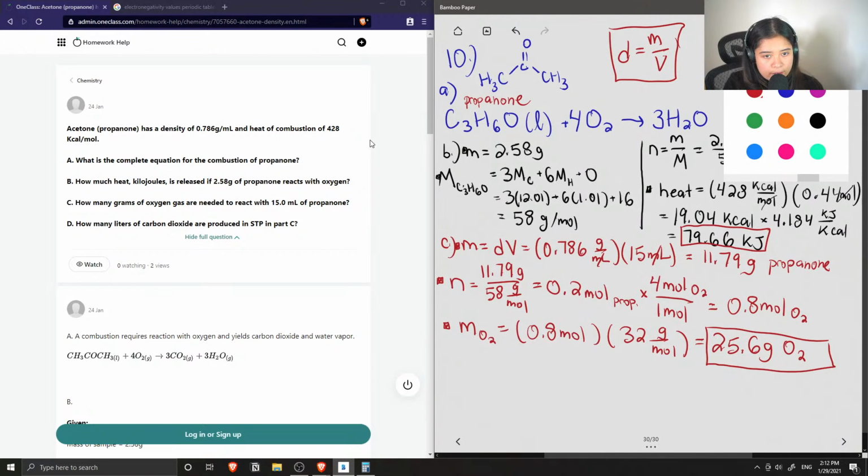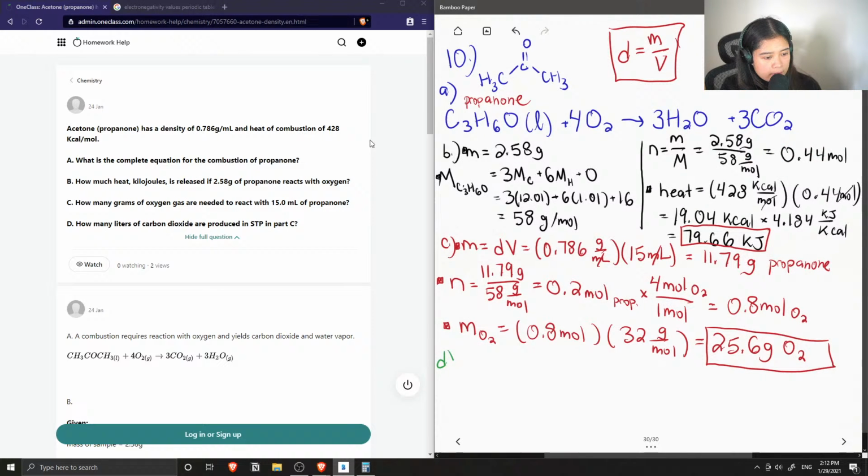And now we can answer part D, which is how many liters of carbon dioxide are produced at standard temperature and pressure in part C. So again, we know we have 0.2 moles of propanone, and we can multiply by the molar ratio of carbon dioxide and the propanone to get the number of moles of carbon dioxide.